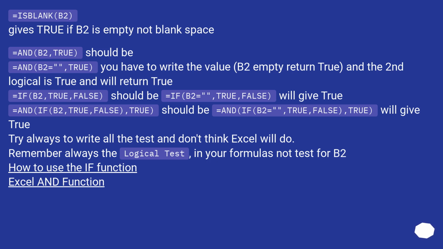You have to write the value: B2 empty returns true, and the second logical is true, and will return true. =IF(B2,TRUE,FALSE) should be =IF(B2="",TRUE,FALSE), will give true. =AND(IF(B2,TRUE,FALSE),TRUE) should be =AND(IF(B2="",TRUE,FALSE),TRUE), will give true.